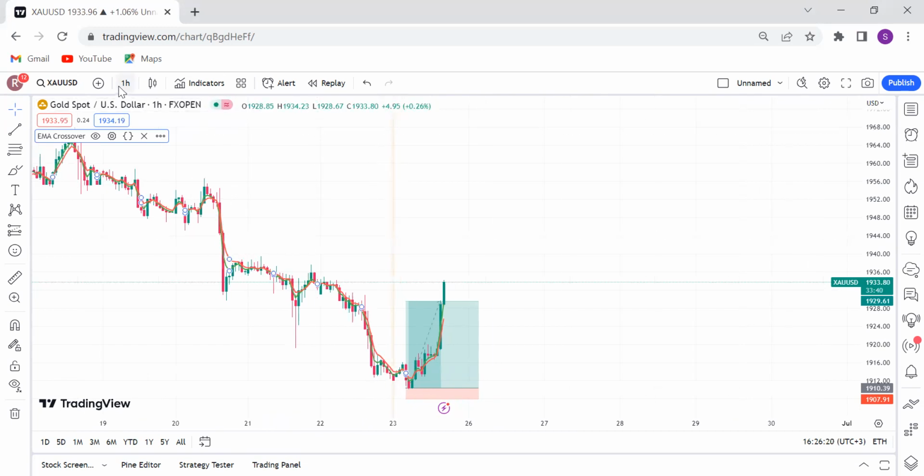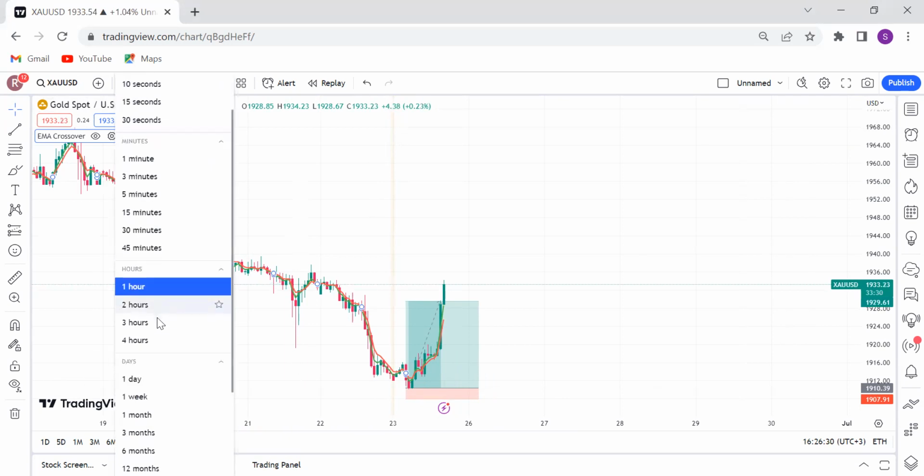So I started on, this is gold. This is the gold chart. I started with a higher time frame, the monthly chart.